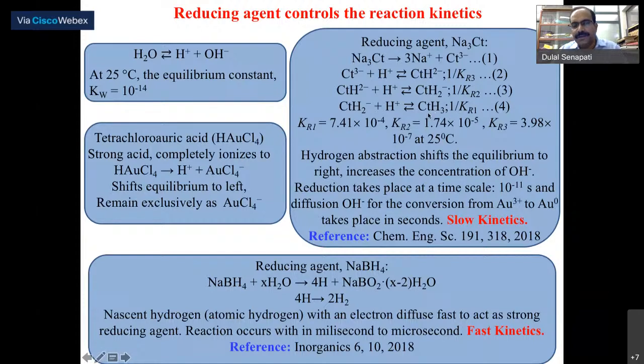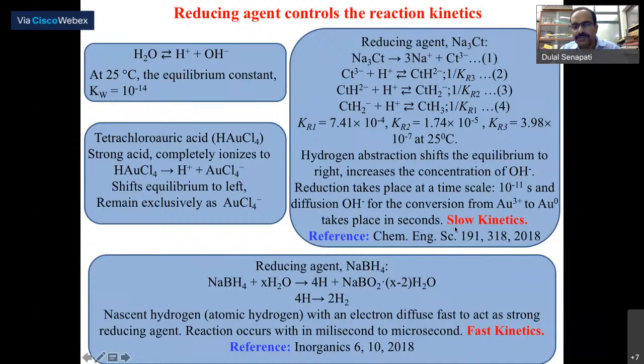But every time it abstracts one hydrogen ion, the equilibrium of H2O moves towards the right side, which means the system is also generating OH-. Those OH- finally will reduce the gold 3+. So you see, this doesn't happen in only one step, but rather it goes through cumulative steps.